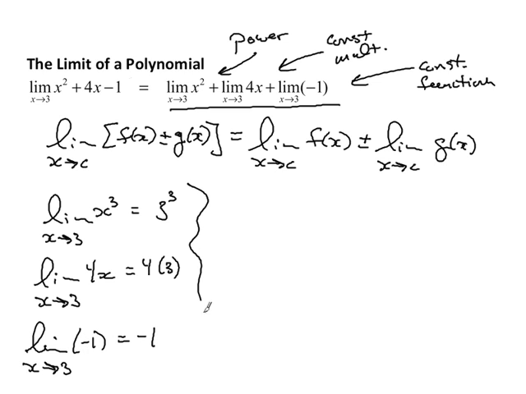So when I put all these together, this limit is equal to 3 squared plus 4 times 3 minus 1. Oops, I'm sorry, I just realized that out of nowhere I suddenly cubed this thing when it really should be squared.